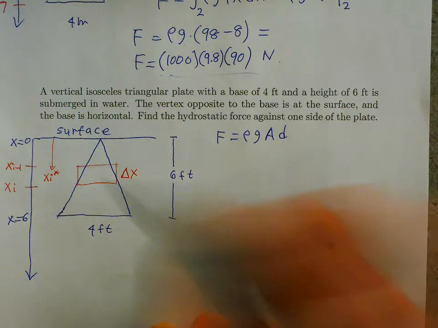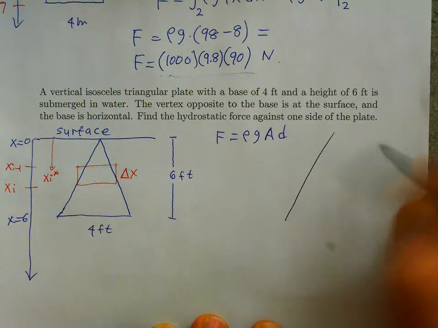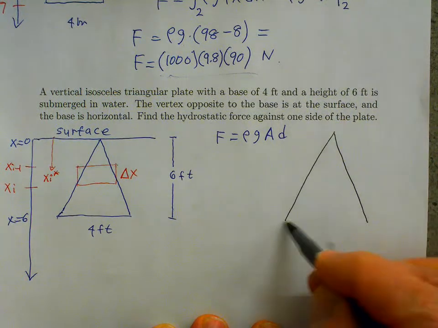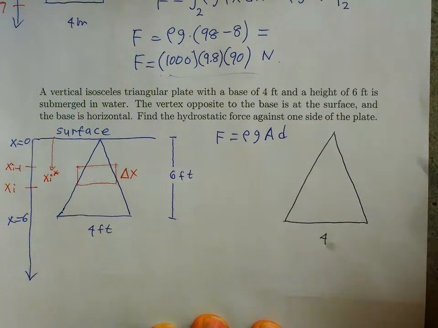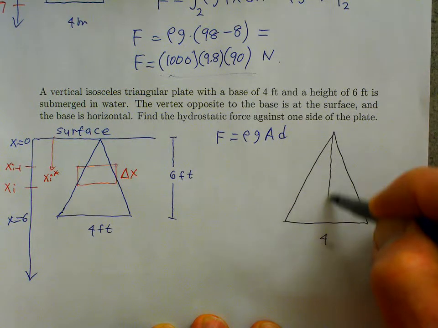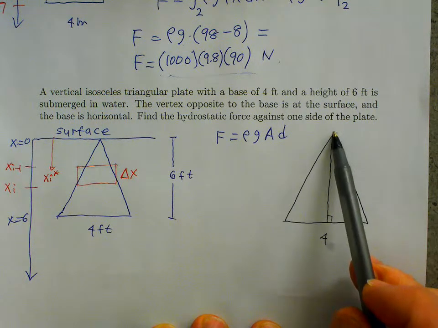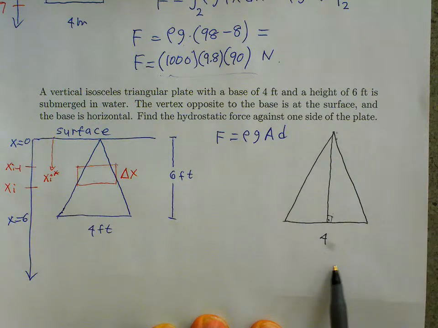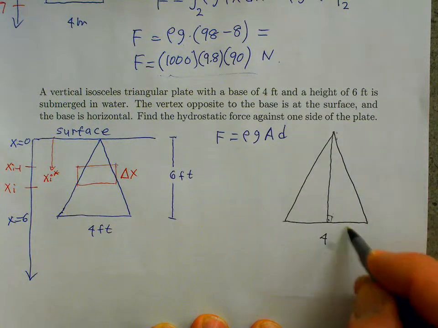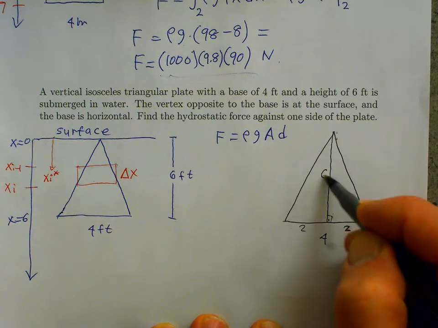Well, for this isosceles triangle, the perpendicular bisector of that isosceles triangle divides the sides into equal parts, and the height of this is 6.